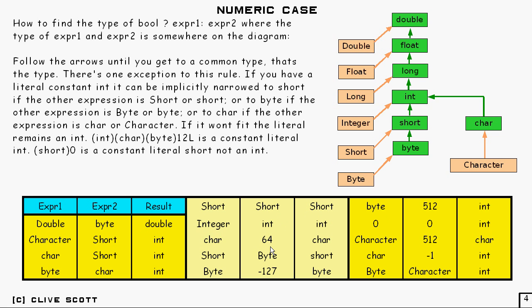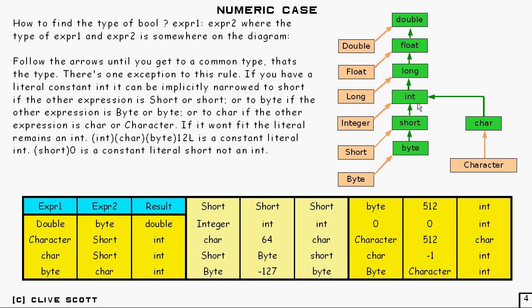Char and 64, char there. 64 can be implicitly narrowed to char, so it's basically char and char we've got, and the result is char. Short and byte, if you follow those, the common type is short, and that's the result. Byte and minus 127.